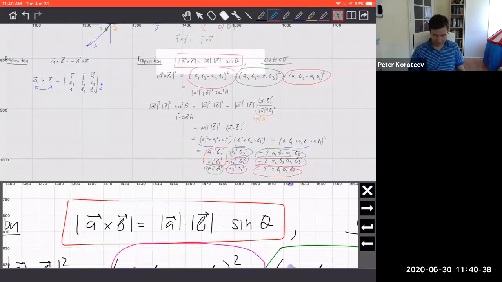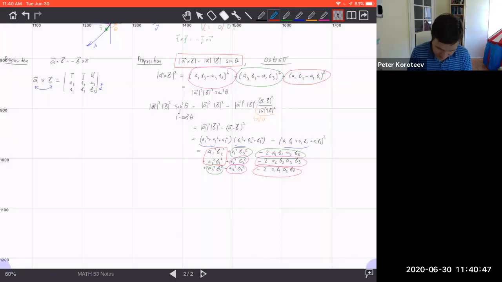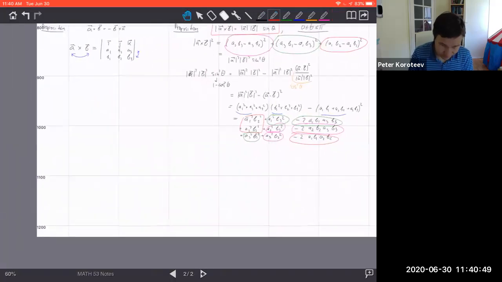The absolute value of the cross product of 2 vectors is equal to the product of the lengths of the two vectors times the sine of the angle between them.